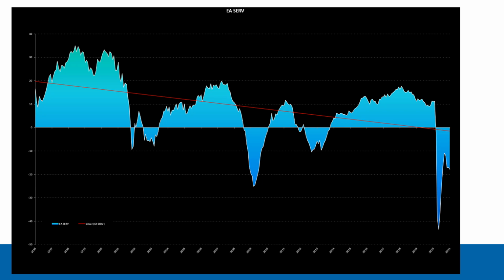So the service sector of the economy has been in the vast majority positive and the manufacturing in the majority negative. However, services sentiment on average keeps going lower when we look at it over multiple years. So that's the red average long-term trend line on the screen.